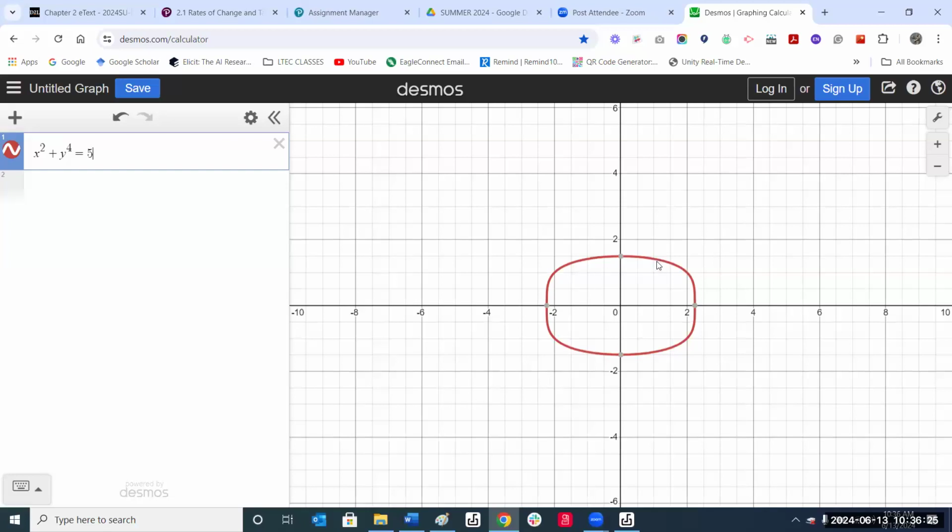So any point you pick here is going to have a mirror point here. So it's symmetric about the x-axis. It's symmetric about the y-axis. It's symmetric about the origin. So we'll get the same values for all of these. So that's what it's always going to look like.